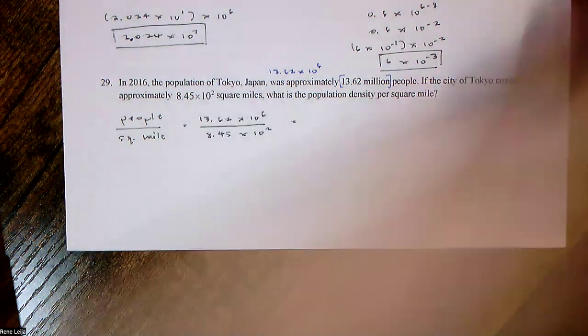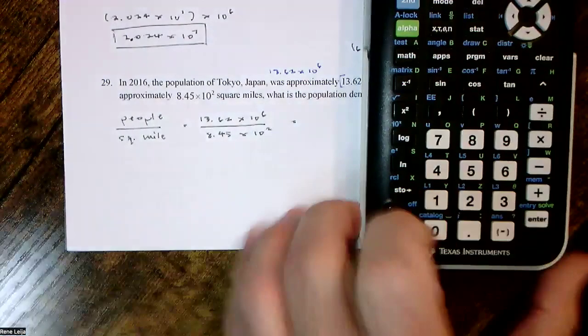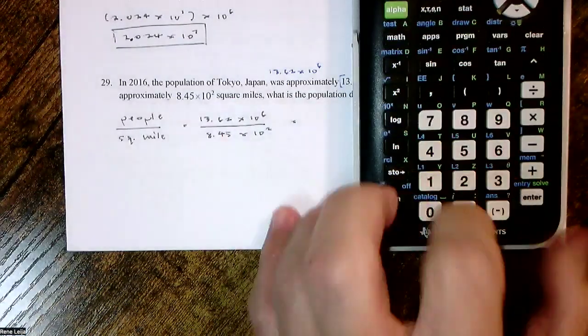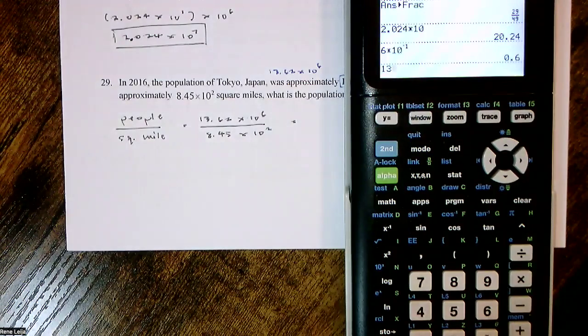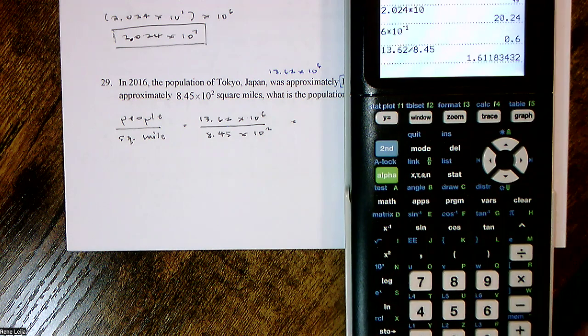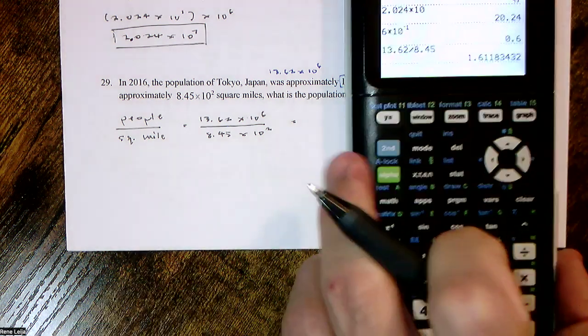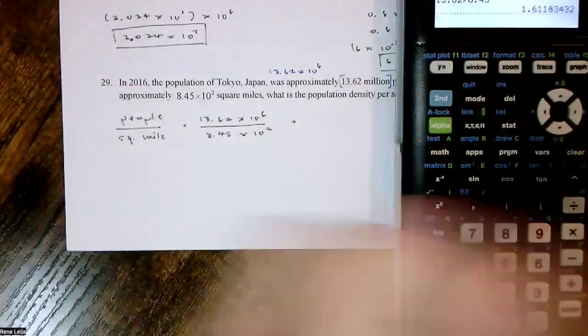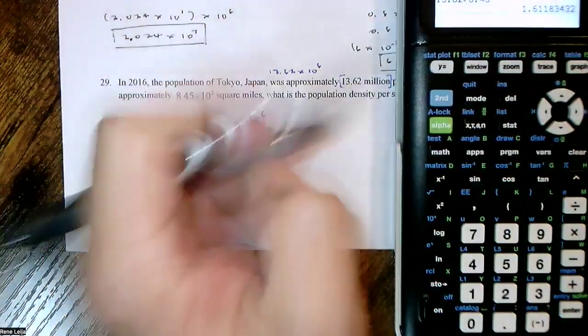Okay, so let's number crunch this. 13.62 divided by 8.45. Now we're going to have to round. Let's round to the nearest tenth. So that means this is going to be an approximation.